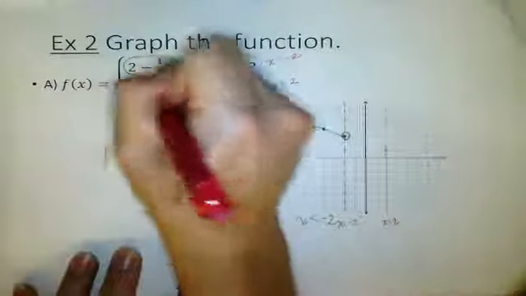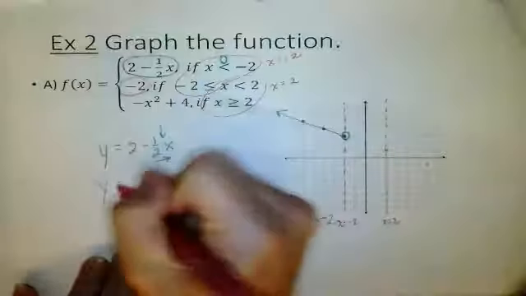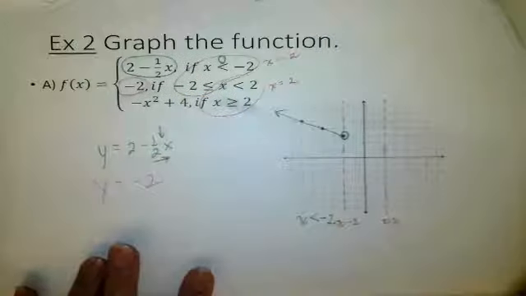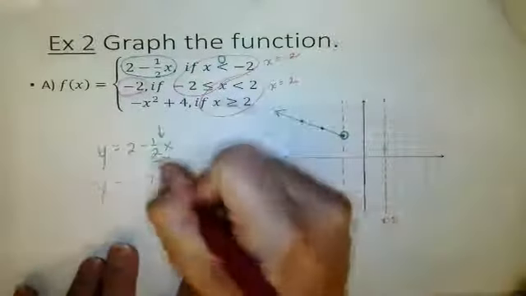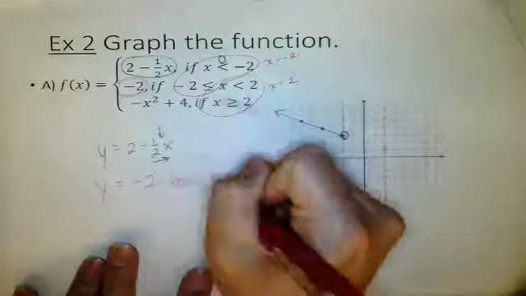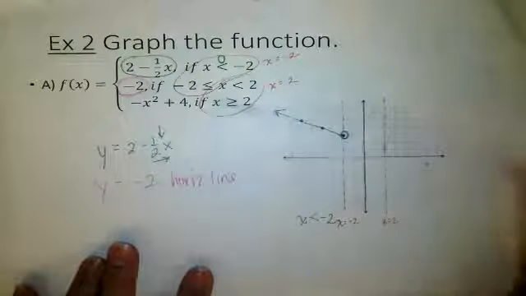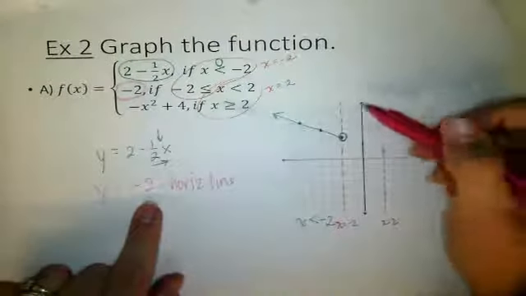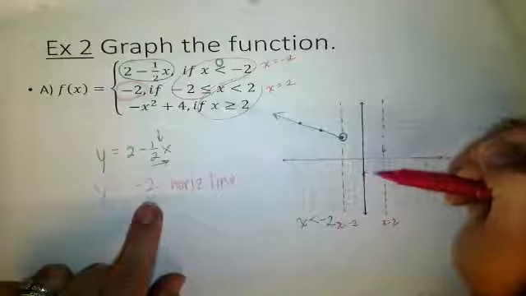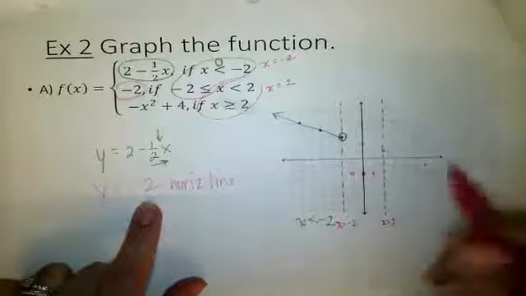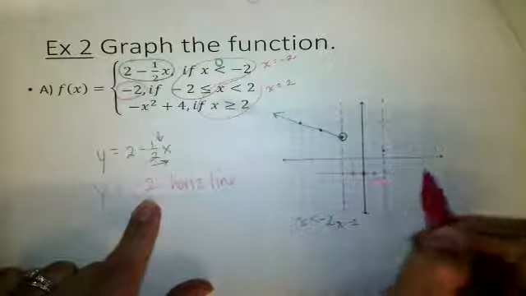Second portion is the equation y equals -2. What kind of line is that? Horizontal line. Very good. It tells me to go to -2 on the y-axis and draw a horizontal line, which normally would be just like this.